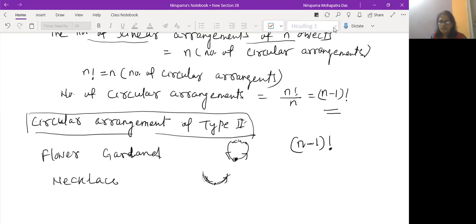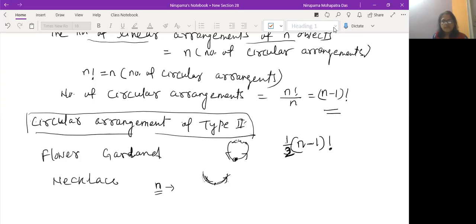So the total number of arrangements in which n flowers are arranged to make a garland, or suppose n beads, n diamonds are arranged to make a necklace, is 1 by 2 of factorial n minus 1.